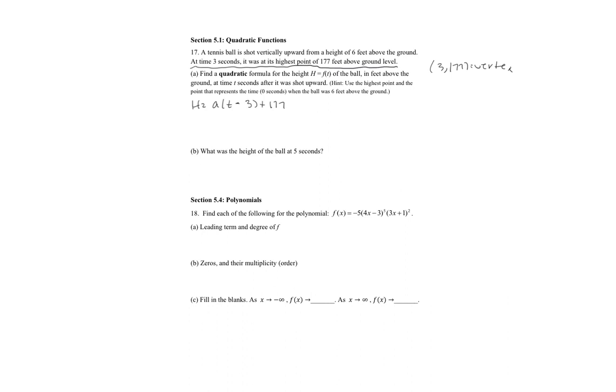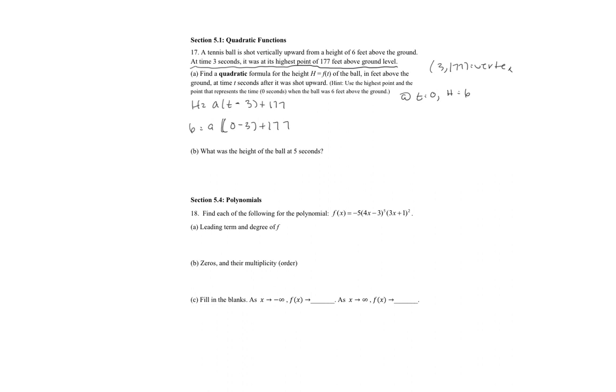So it said it was vertically shot upward from a height of 6 feet above the ground. So that means at t equals 0, the height was 6 feet, right? And so to solve for our a value, we can just plug that point in. So that's going to be 6 is equal to a times 0 minus 3 squared plus 177.